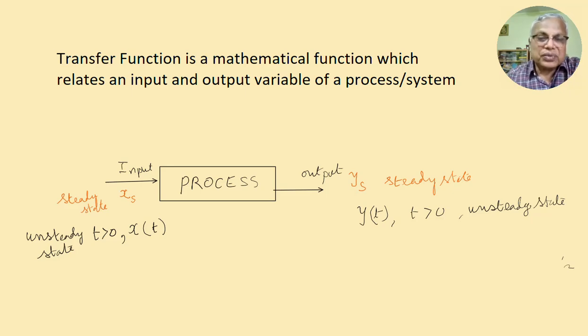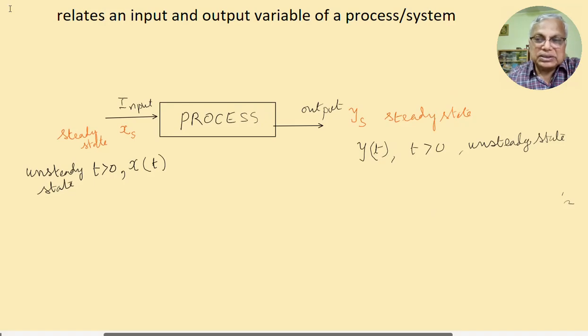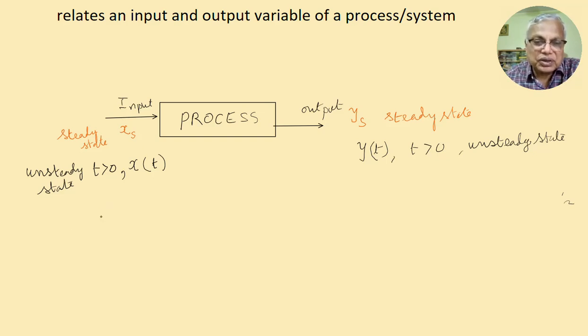Well, now let us define a new variable called deviation variable. For the input side, let me define capital X, a function of time, as x of t minus xs. Instead of x of t, we can simply write x, it is understood to be a function of time.